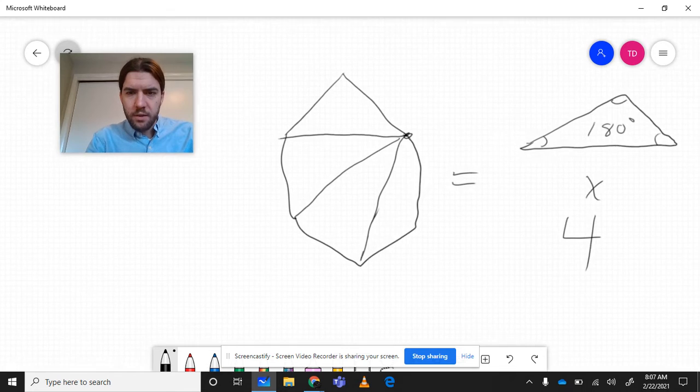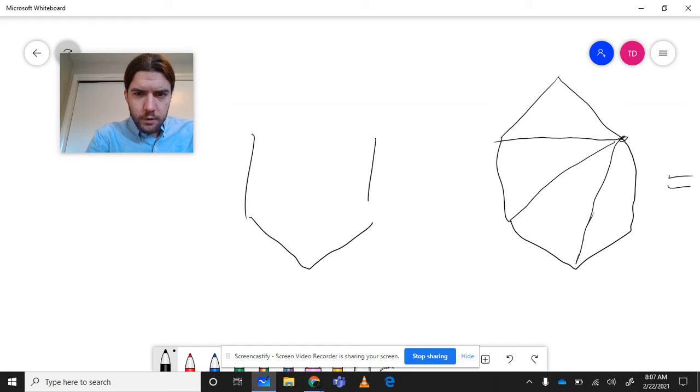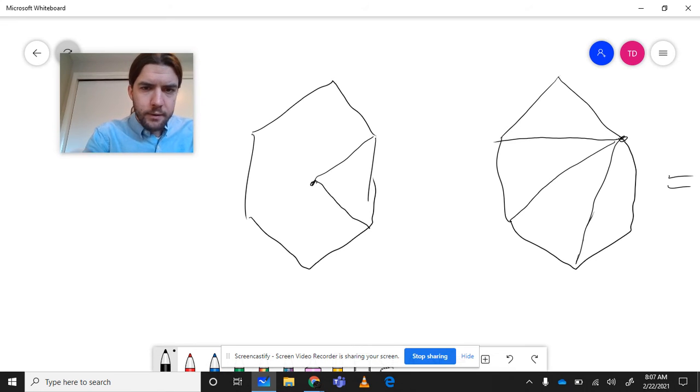Now that is one method for finding what's on the inside. Another method that I've seen also uses triangles, just in a different way. What they'll do is go to the middle of your shape and draw lines that connect from each vertex to the middle. In this case, I end up with 6 triangles, right?